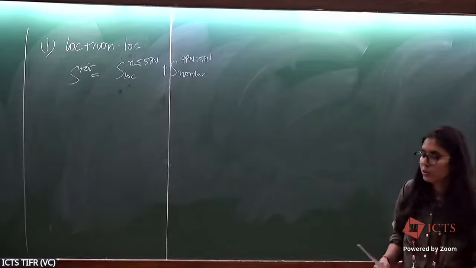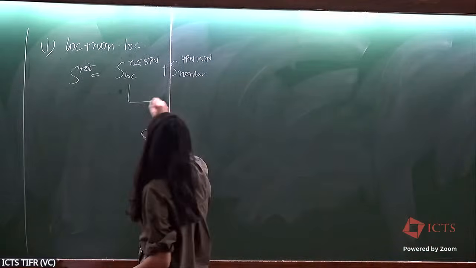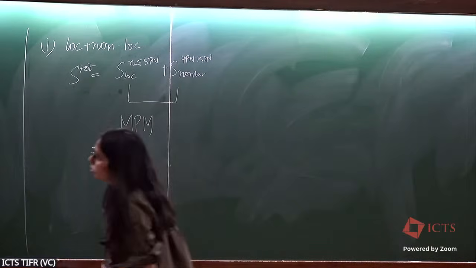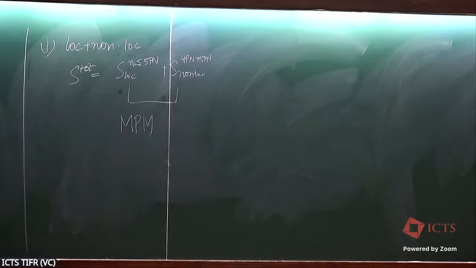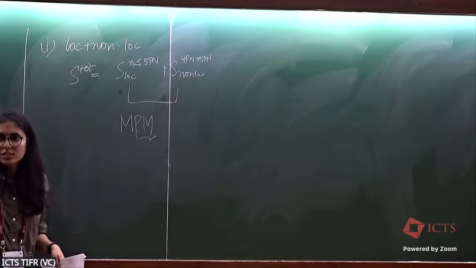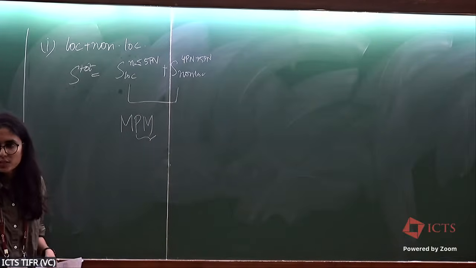And why we can do that, this clean split, is because of the multipolar post-Minkowskian approach that I mentioned here. So what is this multipolar post-Minkowskian approach? Post-Minkowskian, as I just said, is an expansion in G, which is weak gravity.